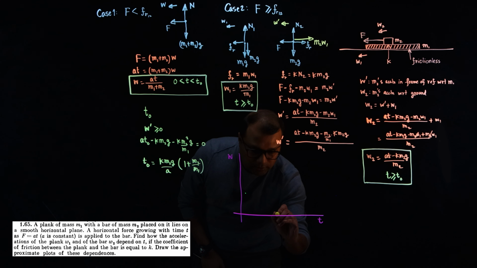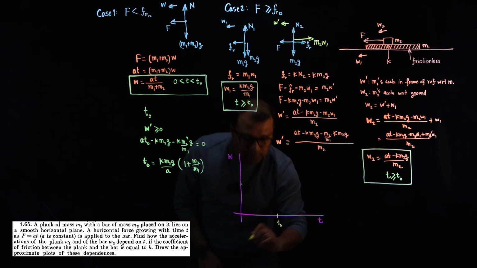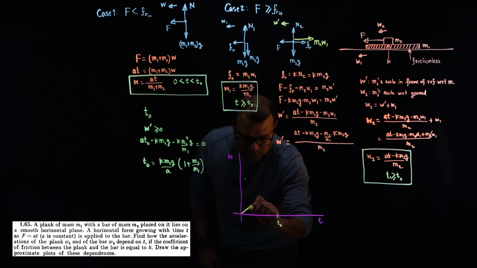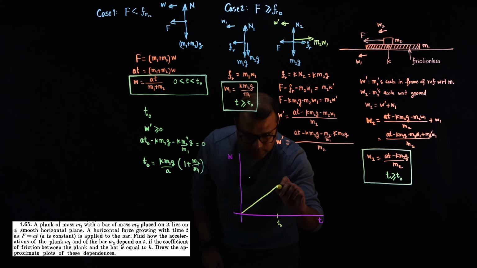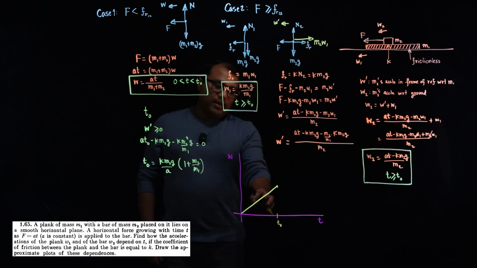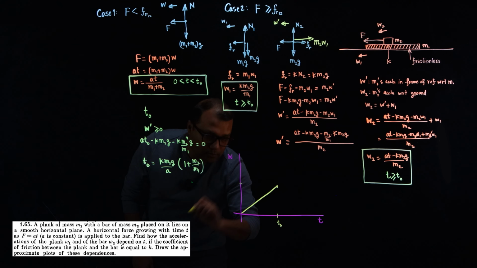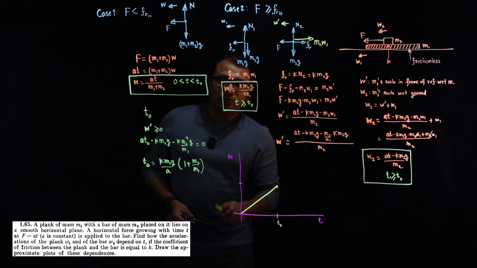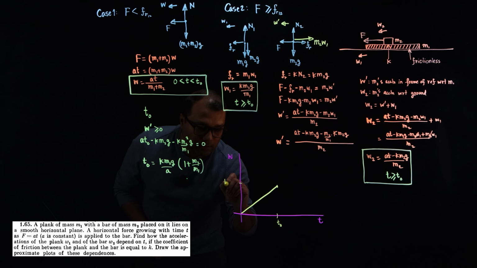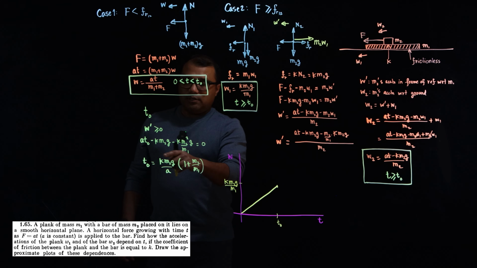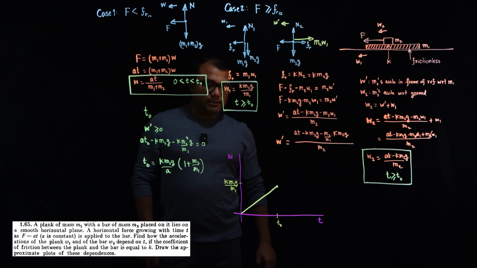Up until T naught, let's say T naught is here, this is a linear curve, so it will start rising like this. This is the value of both W1 and W2, and this value will be K M2G by M1. If you substitute T0 in this, you should get the same result.